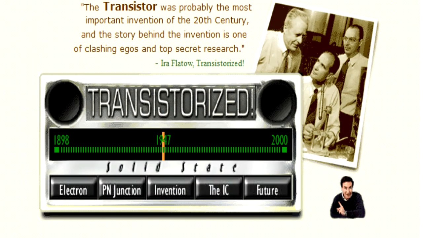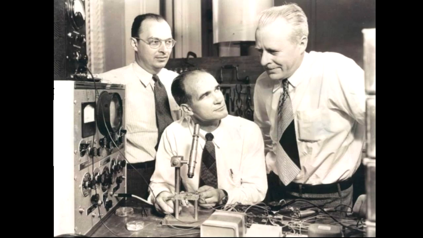PBS had a great series, and it was called Transistorized, I believe. I'll put it at the end of this class, when I give you some information for further study. It went into the details of the relationships of Brattain and Bardeen and Shockley, and how they got together and invented the transistor.